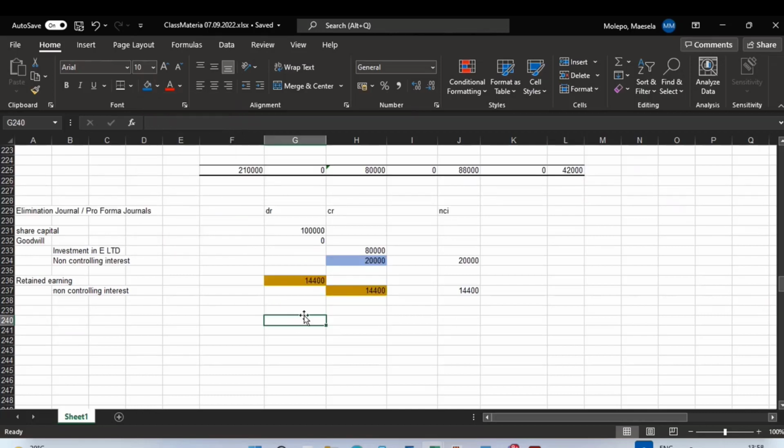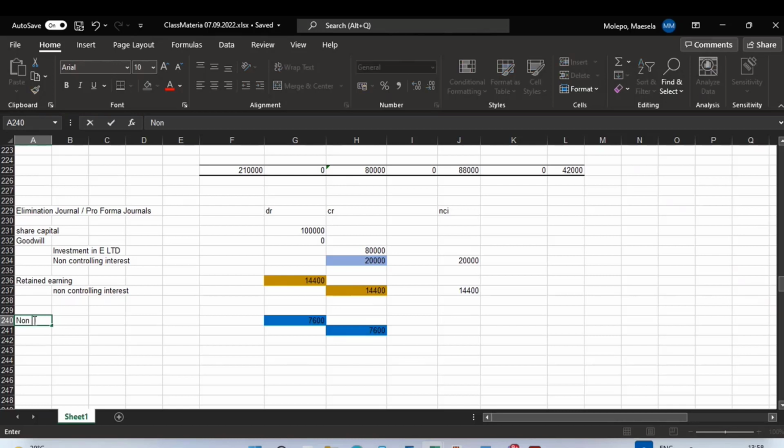So we go to the 7.6. So this will be non-controlling both sides. The other one will be SFP, the other one will be SCI.